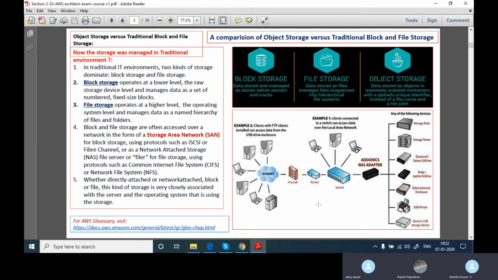SAN is a network concept basically, it is coming in the next slide. But object storage, have you used it so far in traditional storage? Object storage, for us, is nothing but NAS, the so-called NAS.